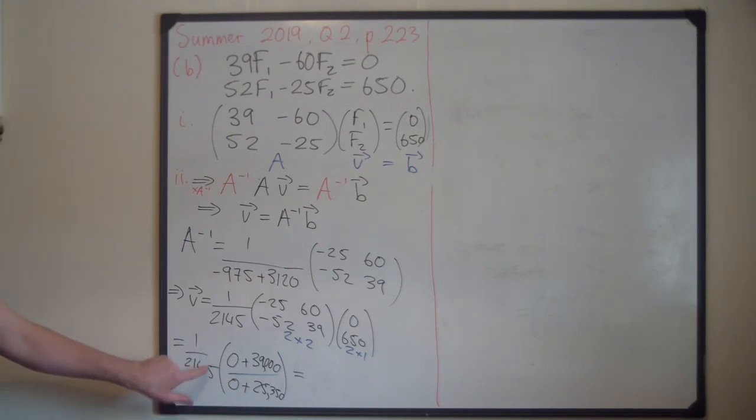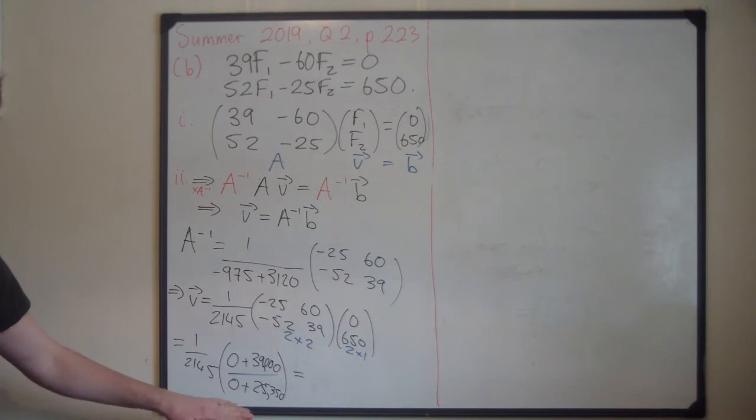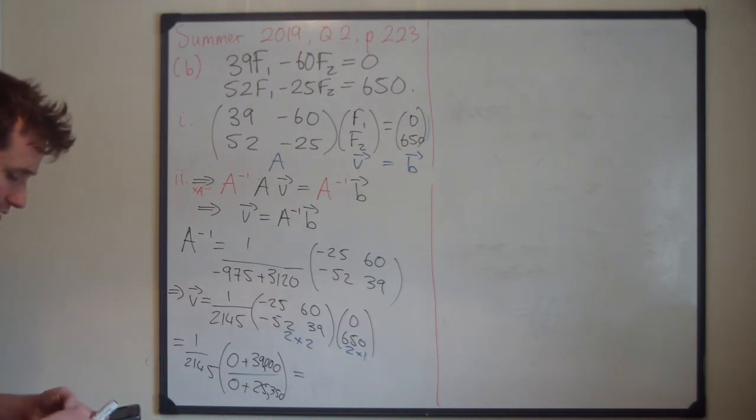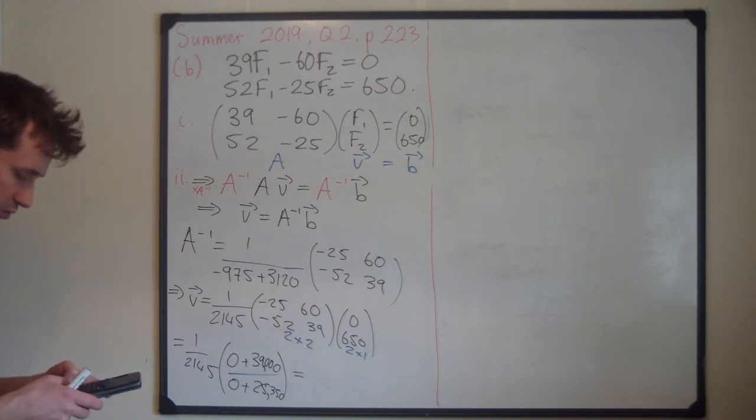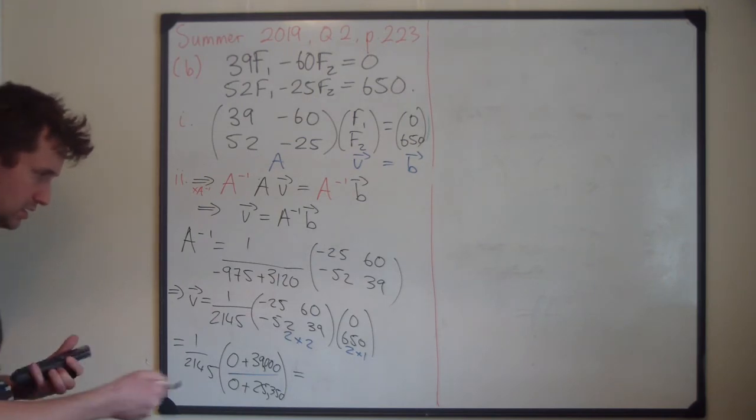2145. Now this is just ultimately a small constant, and when you multiply a constant by a vector, or indeed a constant by a matrix, every entry gets multiplied. So I'm going to have 39,000 by 1 over 2145, which is the same as dividing by 2145.